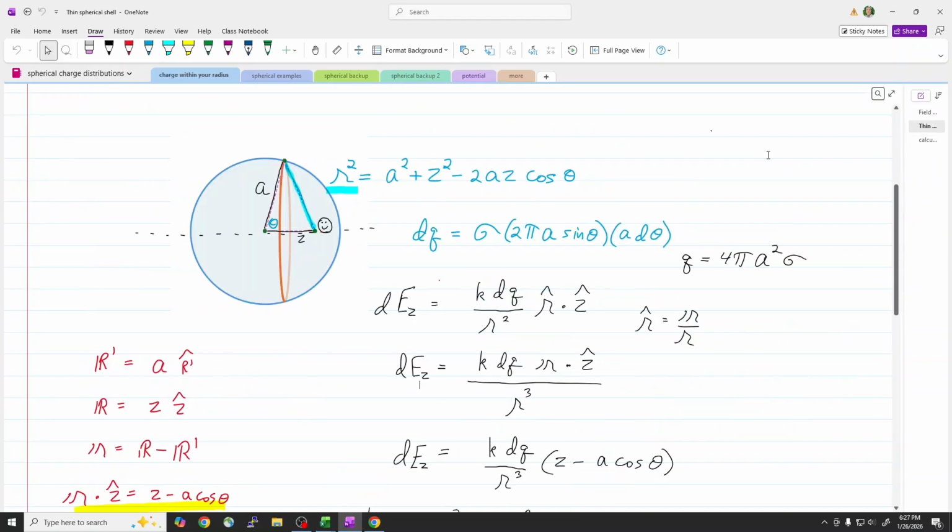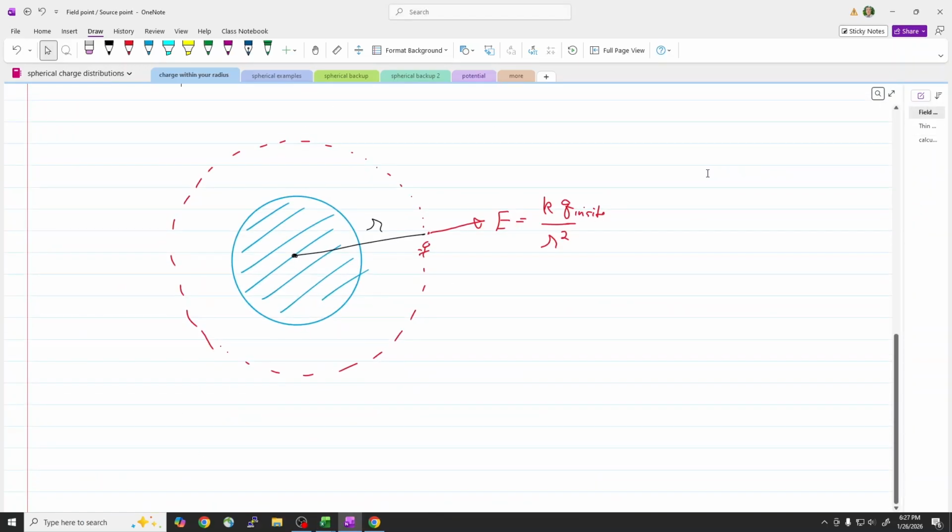So if I go back, our result is that for spherically symmetrical charge distributions, we can use the Coulomb field, kq over r squared, if we only use q as the charge within our radius, the charge closer to the origin than us.